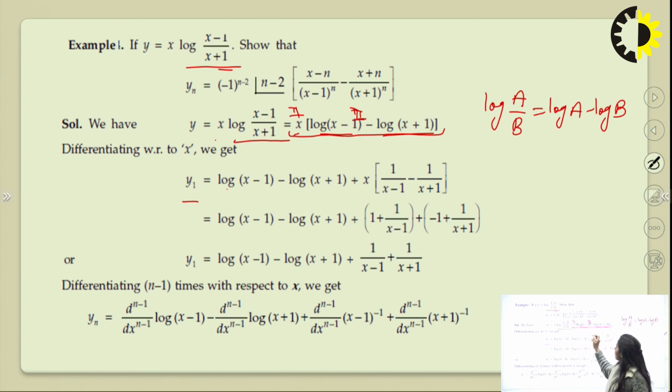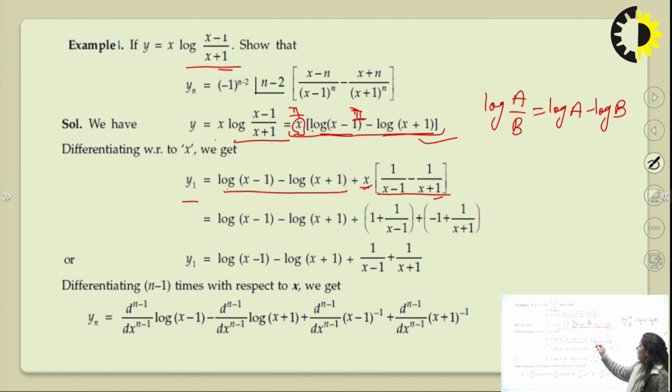So first function as it is, and differentiation of the second function: differentiation of x is 1. And now second function as it is, and differentiation of the first function: the derivative of log (x minus 1) is equal to 1 upon x minus 1, and the derivative of log (x plus 1) is equal to 1 upon x plus 1.